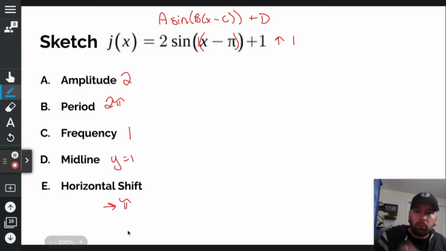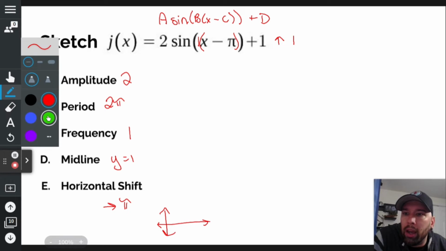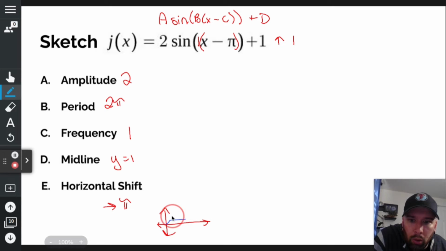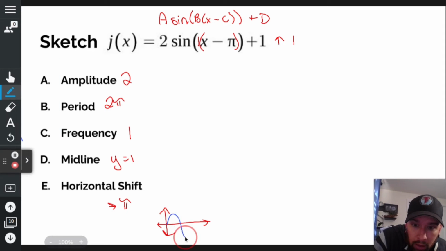All right, so a little rough draft. This is a sine, which starts at 0, 0. Okay, let's scooch that over and try that again. I'm going to draw a rough draft of a regular sine function, which looks like this.